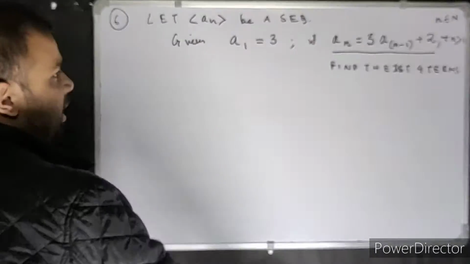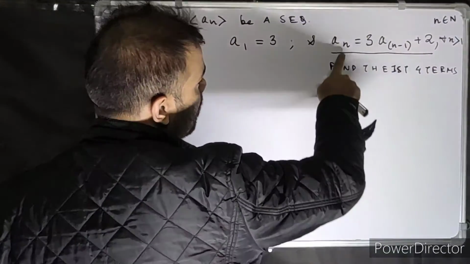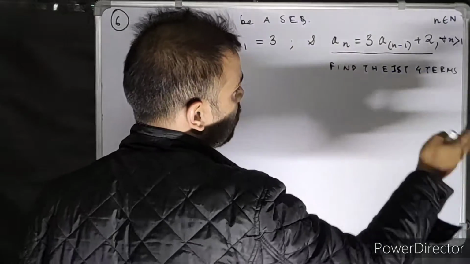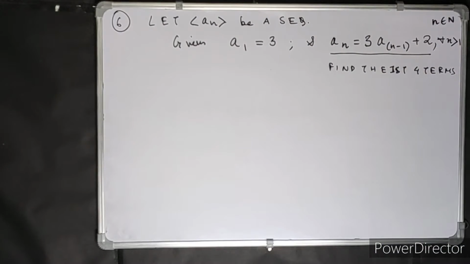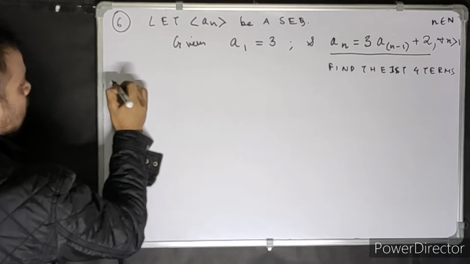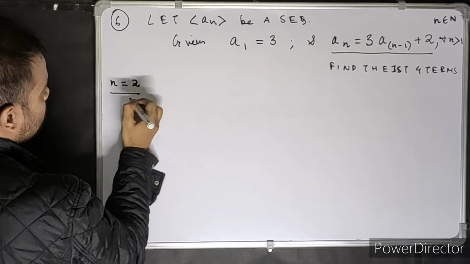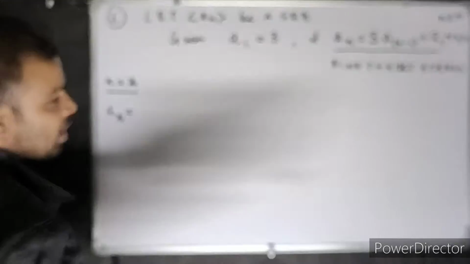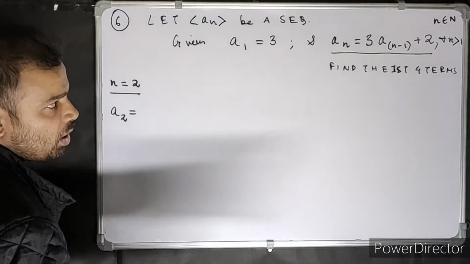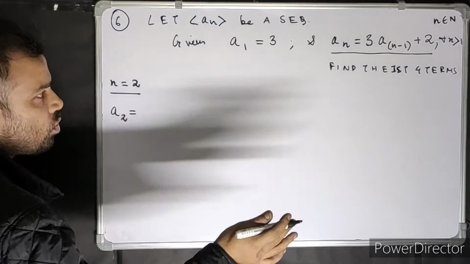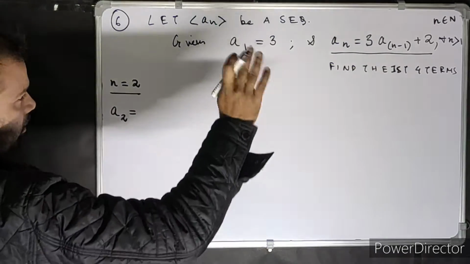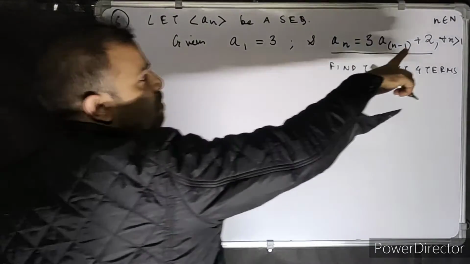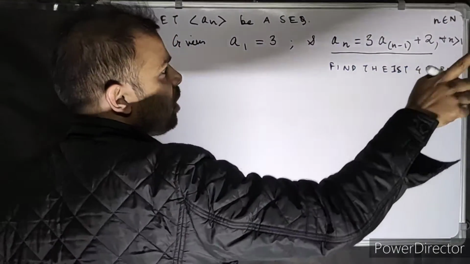So let's start with n greater than 1. You cannot take 1.1 over here, so that's not possible. So n is equal to 2. Don't even think about 1.1, something like that you cannot do. Even if it's not given that n belongs to natural number, you still do 2, 3, 4.